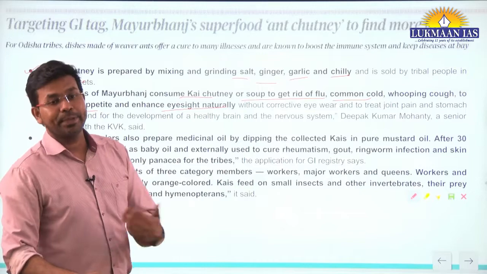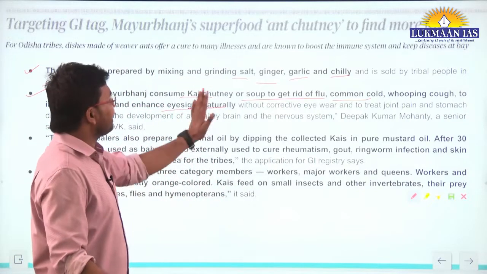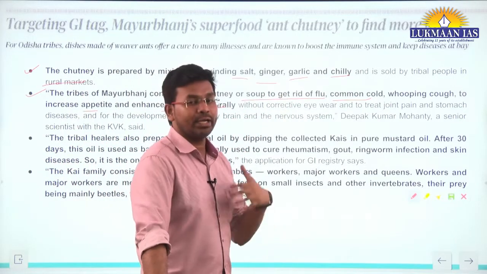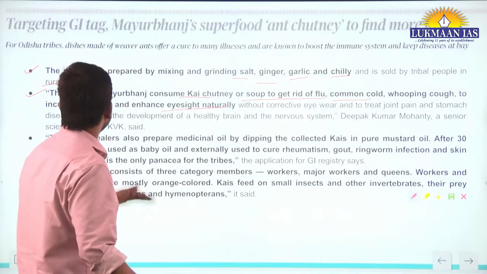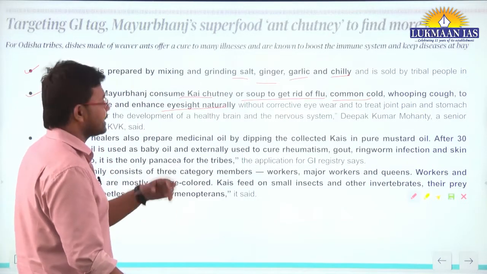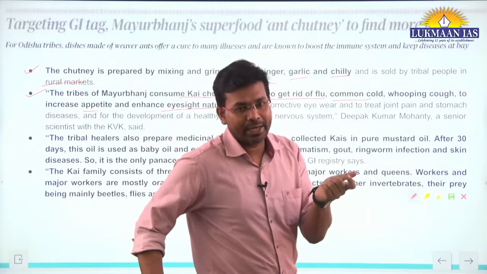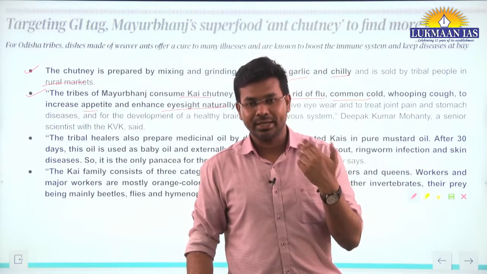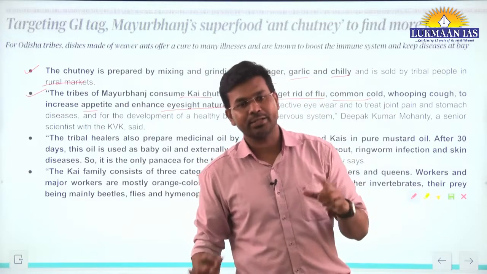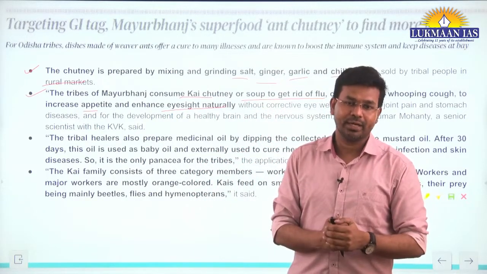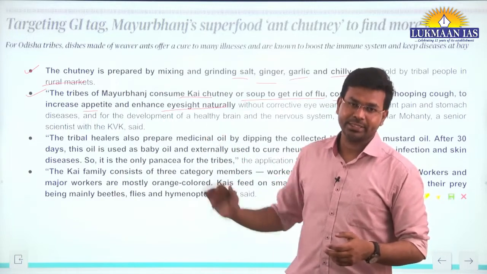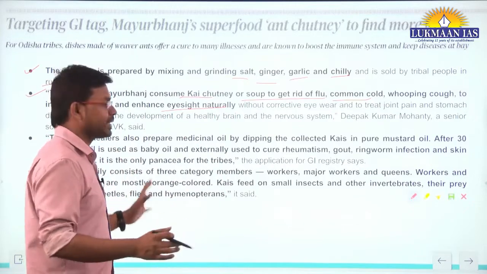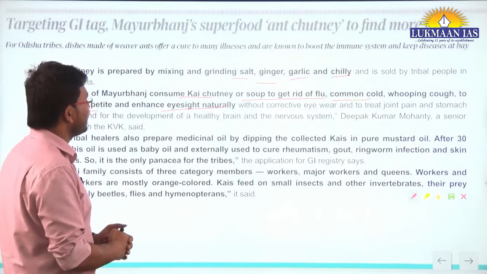So anyone who thinks they are losing their eyesight, instead of purchasing spectacles, starts consuming this kai chutney or ant chutney, and it helps improve their eyesight.